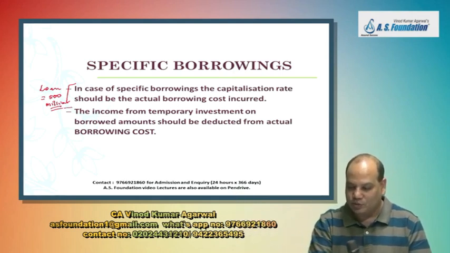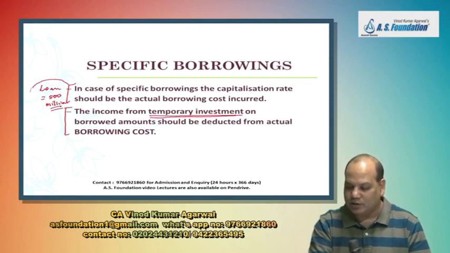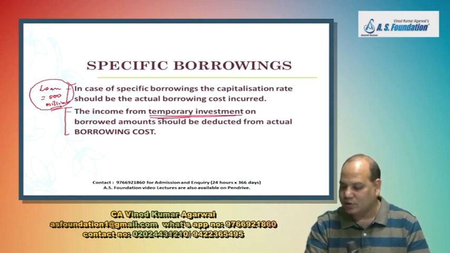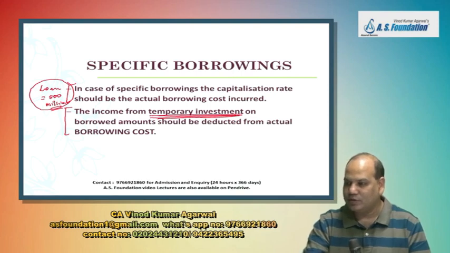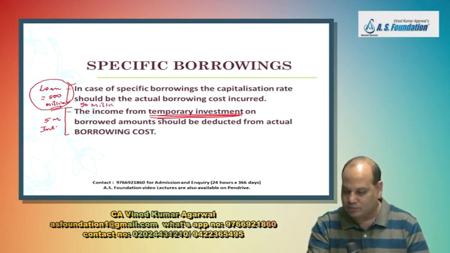In the meantime, you have invested some surplus money in a temporary investment. So instead of keeping the funds idle, why not invest in some government bond, FD, etc. And you earned 5 million interest on this, and on this loan, you paid 50 million interest.